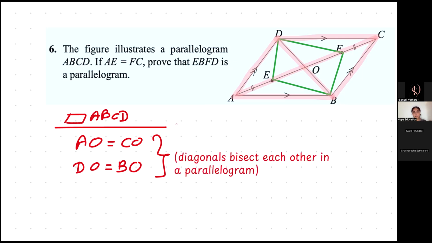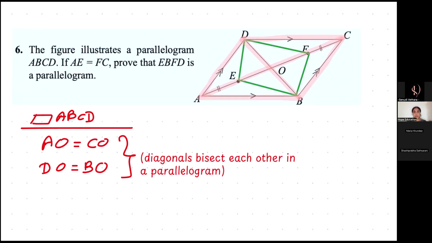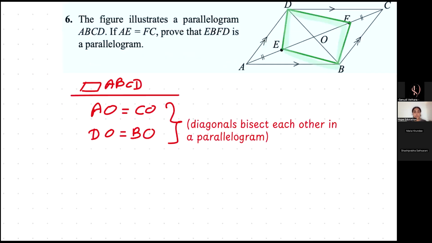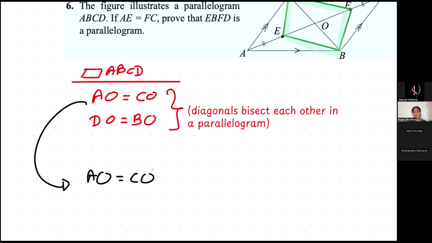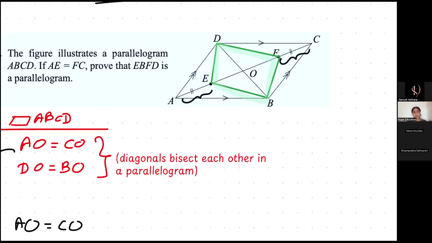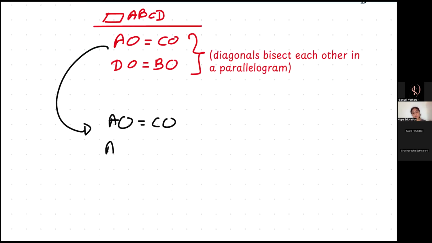Then බලන්න ඒක චුට්ටක් අමතක කරලා let's look at our little parallelogram. තාම අපි parallelogram එක කියලා prove කරන්න ඕනේ. දැන් අපි දන්නවා මෙතන AE and FC are equal, right? So now we already know AO equals CO. And they have given AE equals FC.